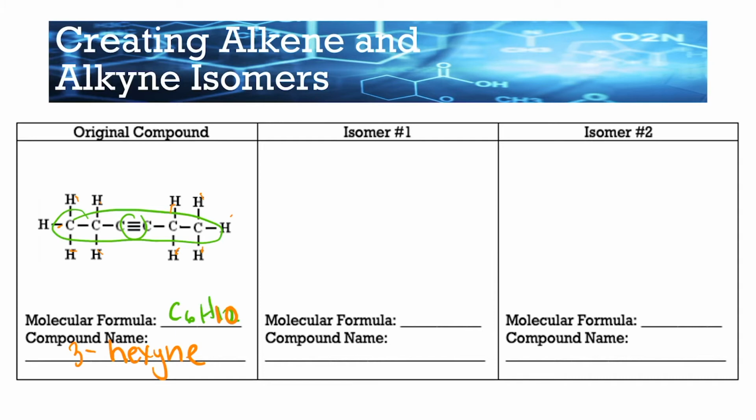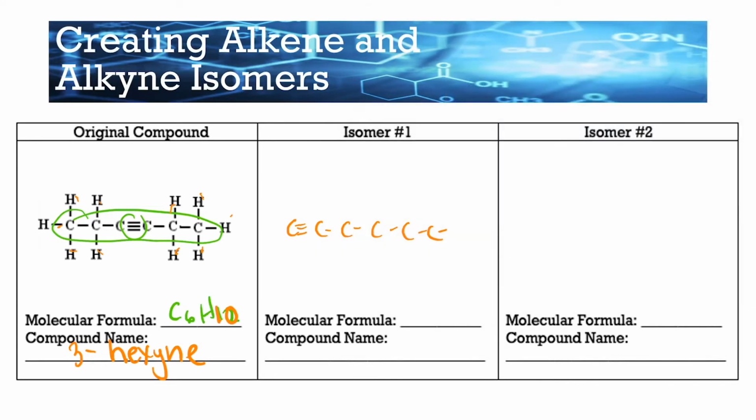Now, if we wanted to draw an isomer of this, we can still have 1, 2, 3, 4, 5, 6, your 6 carbon chain. And let's just move that triple bond somewhere else.